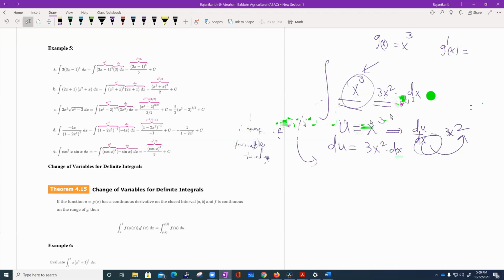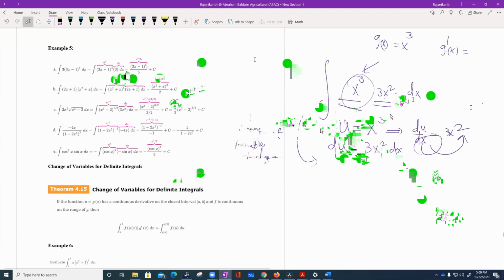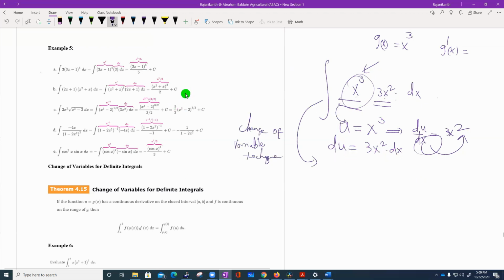This technique will make it easier to handle the problem. So whenever you see a function and its derivative near it, use the u substitution. We call that u substitution. There are plenty of examples given here, so why don't you go through and understand how they apply these change of variable techniques.